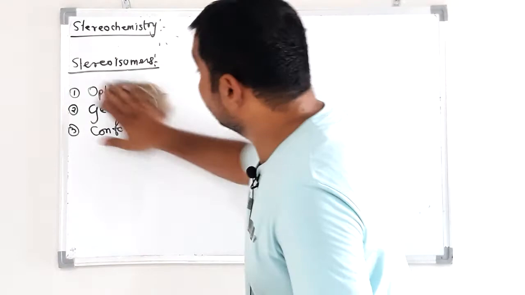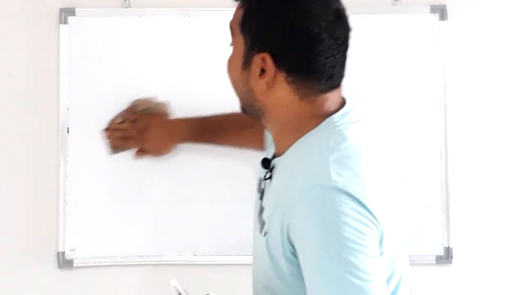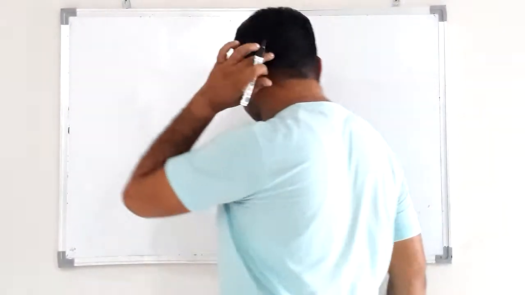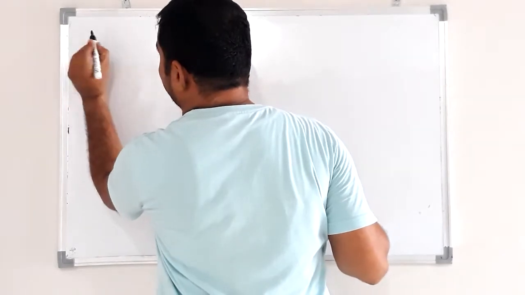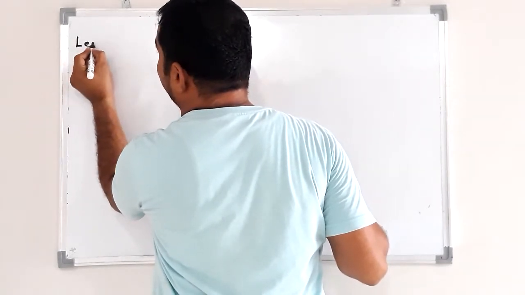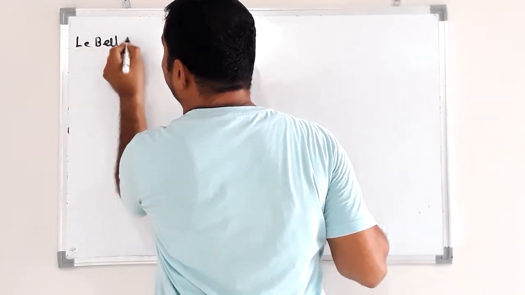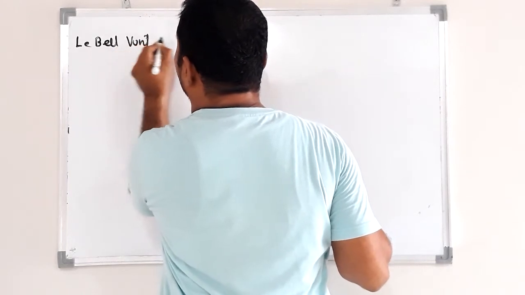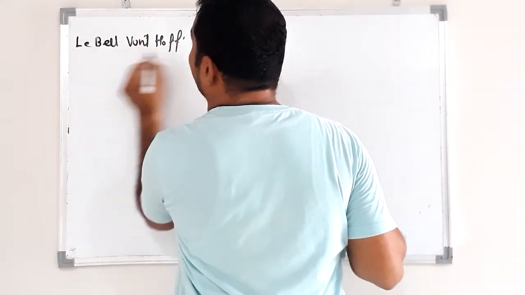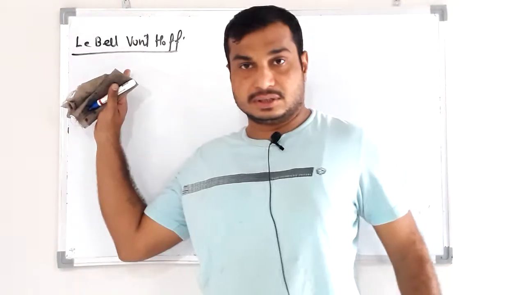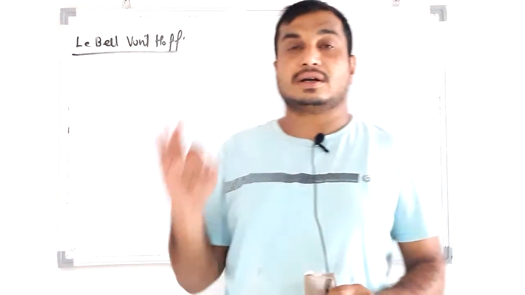So student, as we know, tetrahedral carbon, according to the Le Bel-van't Hoff theory, the carbon is tetravalent.